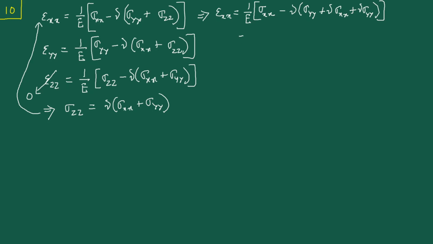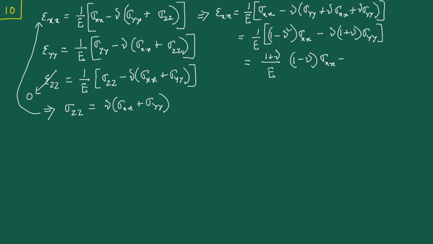Hmm, so that is going to give me 1 by E times 1 minus nu squared times sigma xx minus nu times 1 plus nu times sigma yy, and from that I can actually take out the 1 plus nu to obtain this.